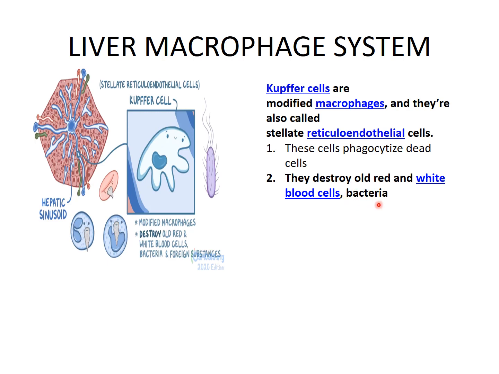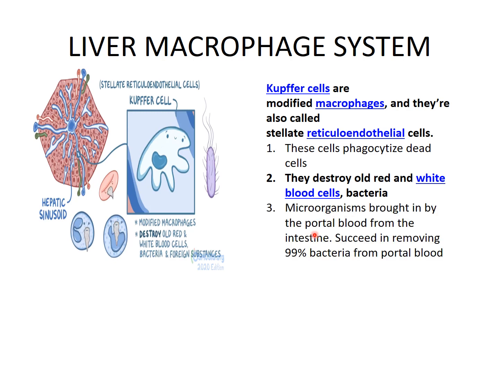They also destroy the bacteria, and this bacteria is coming from the splanchnic circulation or the portal blood, the microorganisms which are brought from the intestine. They are successful in removing approximately 99% of the bacteria coming from the portal blood.